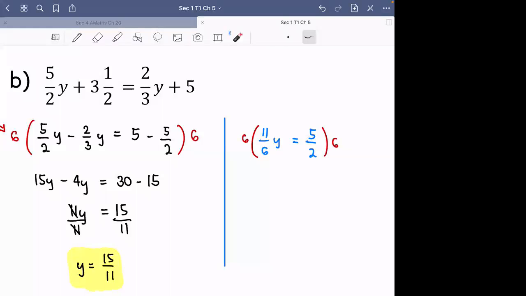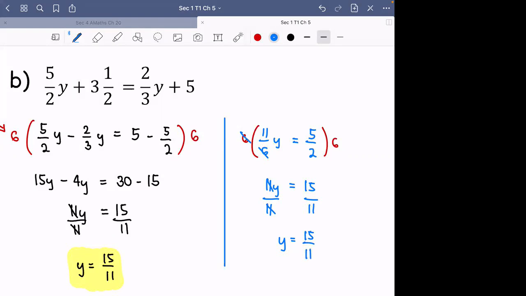So 6 times 11 over 6, you just cancel 6 here, so it gives you 11y. Equals, what is 6 times 5 over 2? It gives you 15. And then solving for y, we divide both sides by 11. So our answer is 15 over 11.